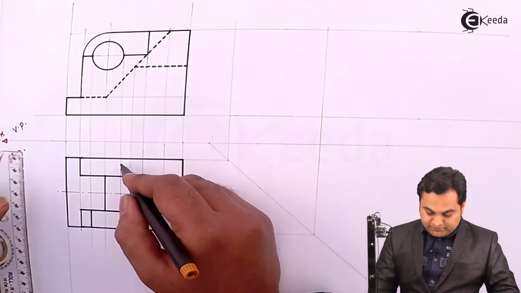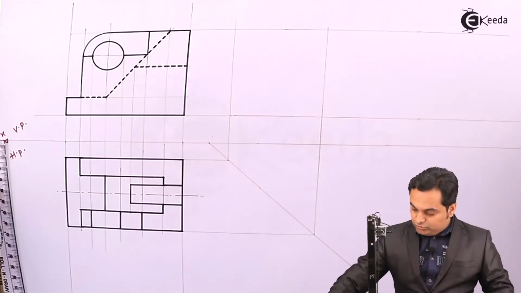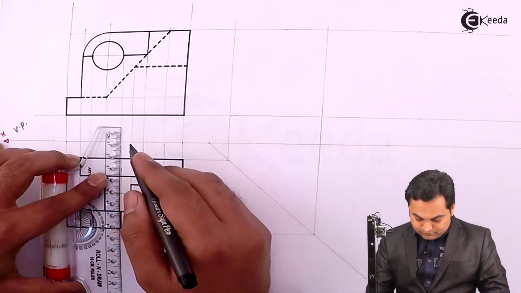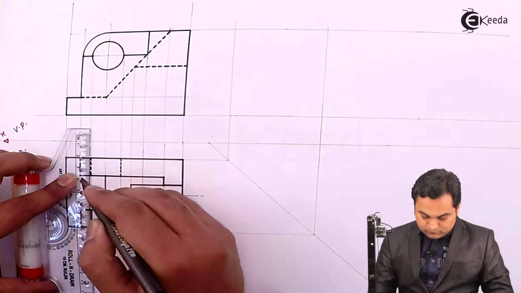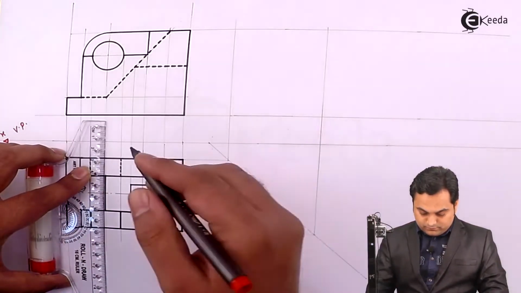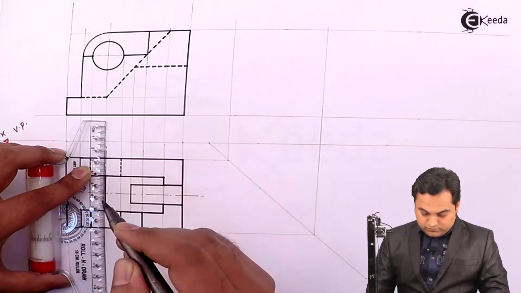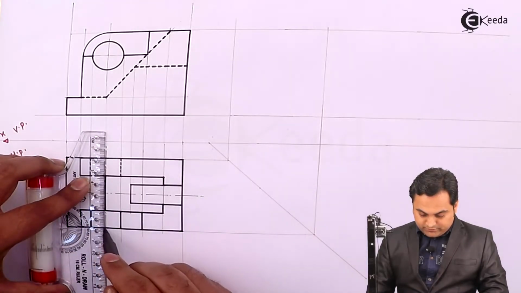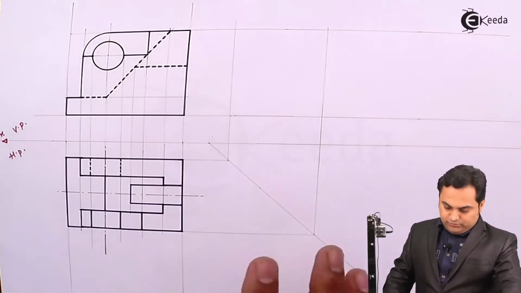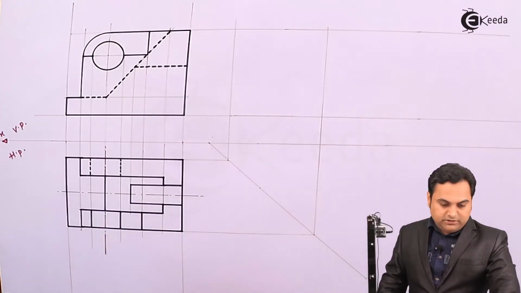It should be there in this 15 mm width plate, so drawing it hidden. Here is the center line for the circle and the semicircular part.